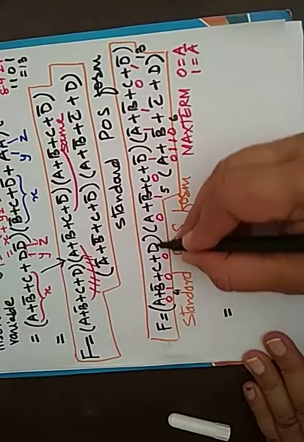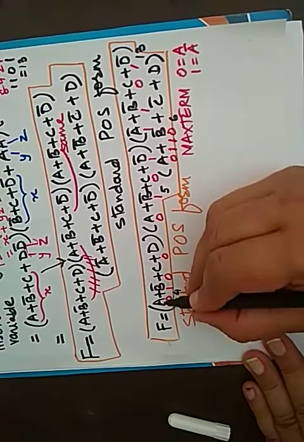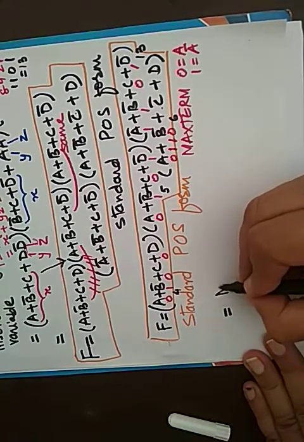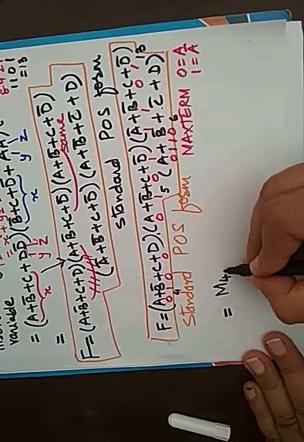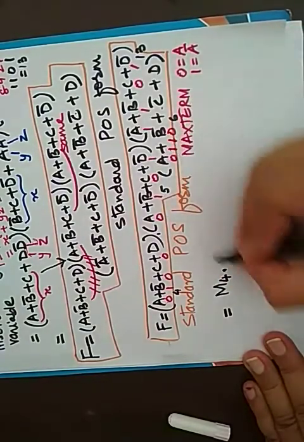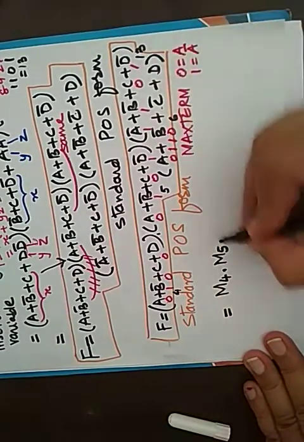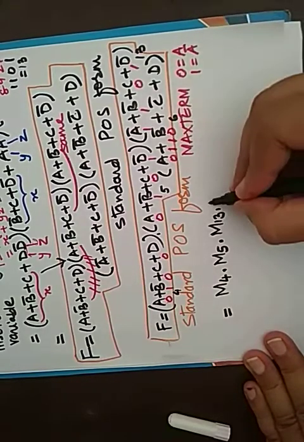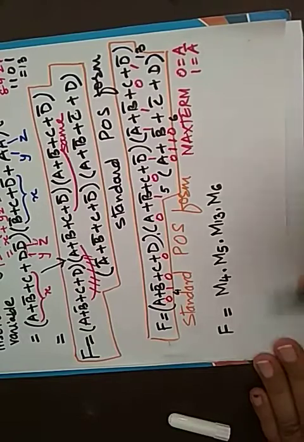And these are all fundamental sum terms, no variable missing. 0, 1, 0, 0 will be represented as max term M4. So there's a dot here, this is 5, dot M5, dot, this is 13, M13, this is 6, dot M6. So this is the function f.